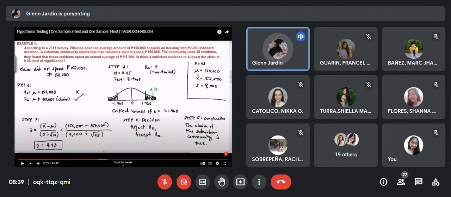Kasi nasa loob ng guhit na yan, that is called as the region of acceptance. Meaning to say, kapag nandito yung value, accept mo, pag lumabas dito sa guhit, rejected. Ano? Region of rejection yan. Okay? So, it is critical for us to identify whether it is a two-tailed or one-tailed para mas madali natin masagot ang katanungan or easy to prove the claim.